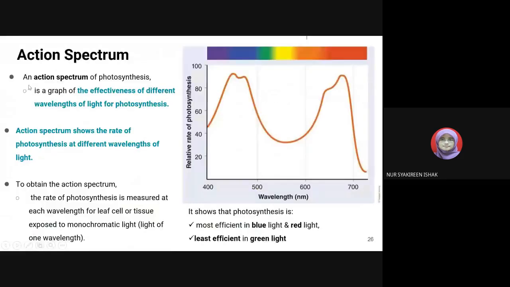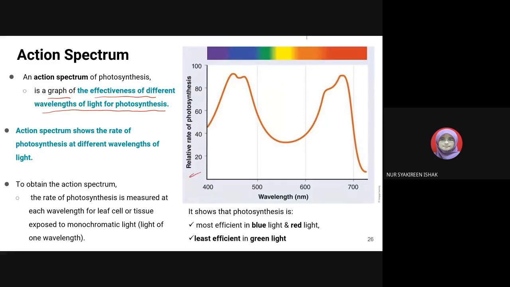So for action spectrum, what is action spectrum? It is a graph to show you the effectiveness of different wavelengths of light for photosynthesis. So the action spectrum tells you the range of wavelength that is the most effective to carry out photosynthesis.